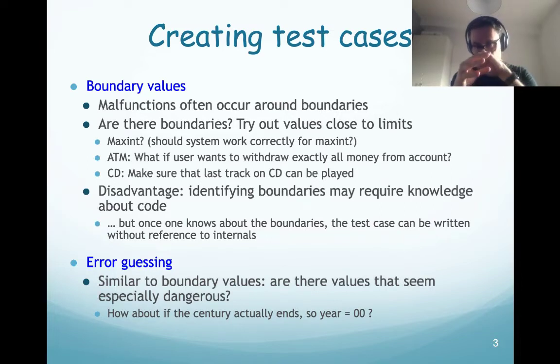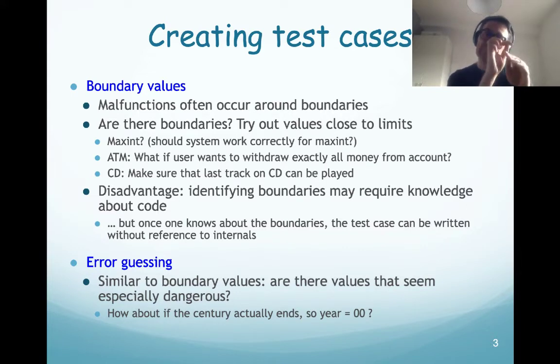The boundary values are to check the values that are on the border between two different such classes, right? And why this is important is because when someone writes the code, they will have to also consider these boundaries, because that's where the behavior should change, where the processing that happens in the software is going to change when we traverse this boundary, when we are close to it, when we're over it, right?